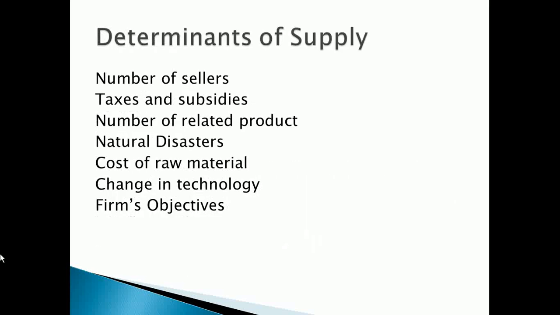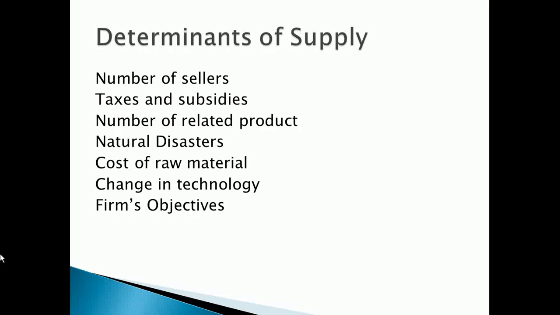A supply schedule is a table that shows the relationship between the price of the goods and the quantity supplied. This is a typical supply schedule for lollipops, at which the prices the manufacturer is willing to supply the goods are positively related with the quantity being supplied.